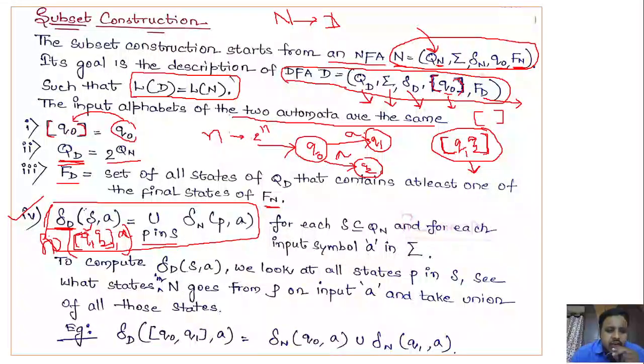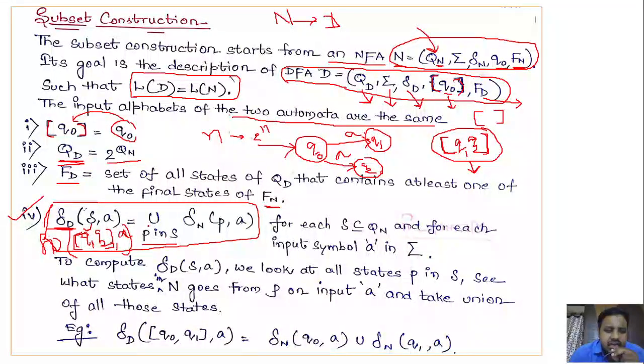Q1, Q2 is a single state in the DFA. So to find out the transition for this state, the reference is the NFA. First go to the NFA, then perform the transition on these two states and then union them.